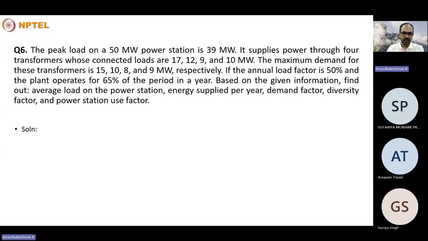Before that, we can note down the quantities that are given in the problem. It's mentioned that the power station rated capacity is 50 megawatt. This is the rated capacity. And this is the demand, maximum demand.